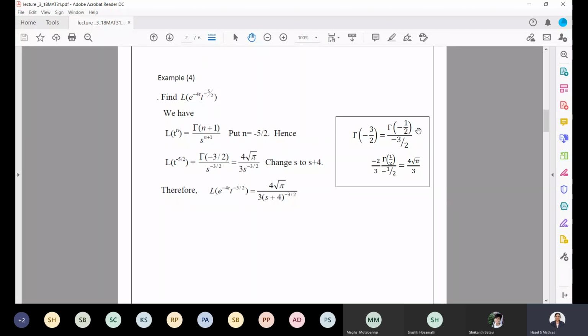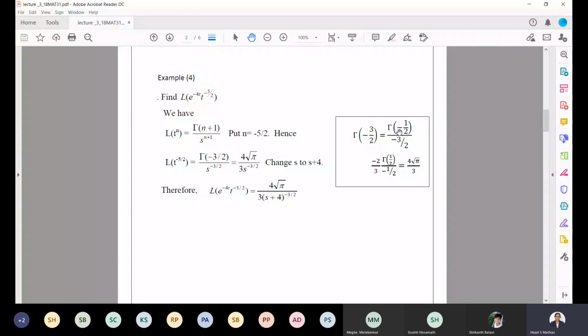So when you substitute over here, what happens? Minus 3 by 2 goes to the numerator, it will become minus 2 by 3 gamma of minus half. How can you write gamma of minus half again? Gamma of minus half can be written as minus half plus 1.